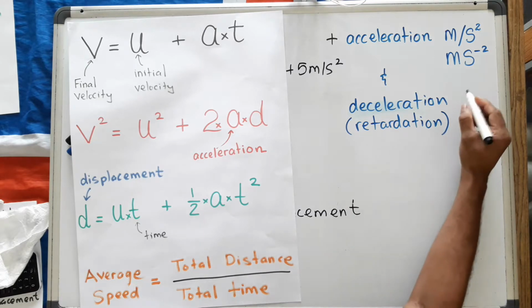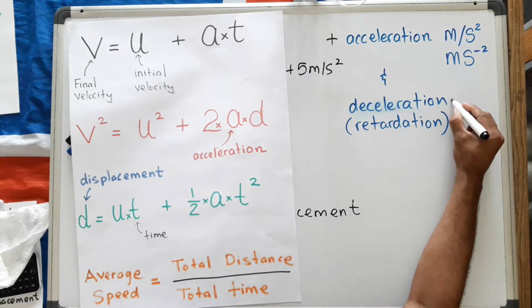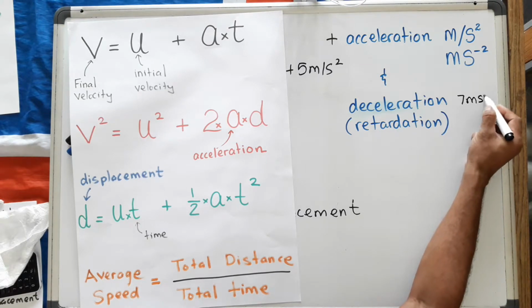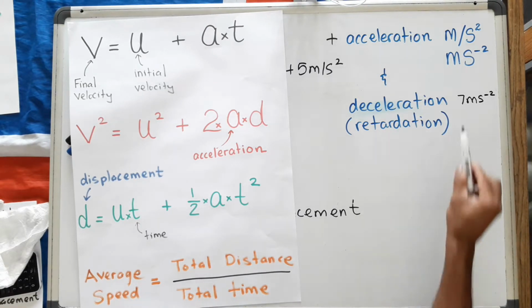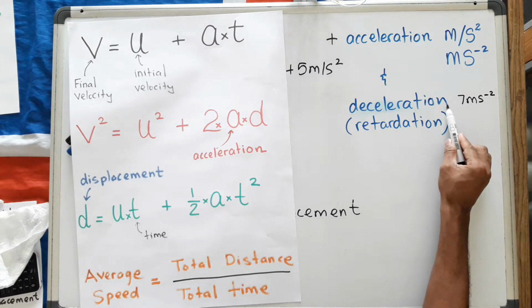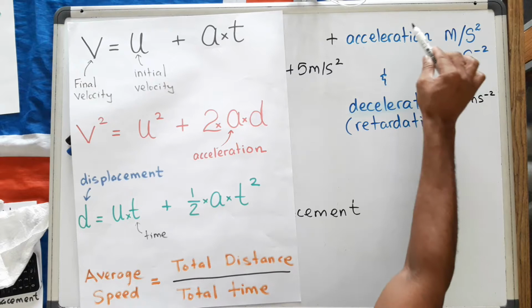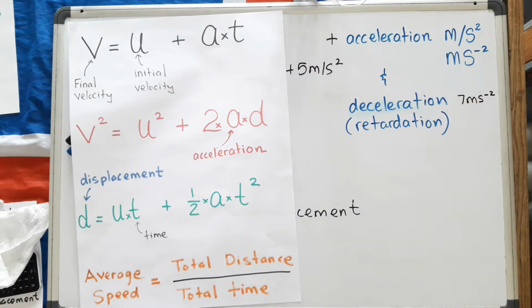So if somebody tells you that a car has a deceleration of 7 meters per second squared, you notice I put a positive, right? Because the deceleration is positive. But a deceleration really means a negative acceleration.